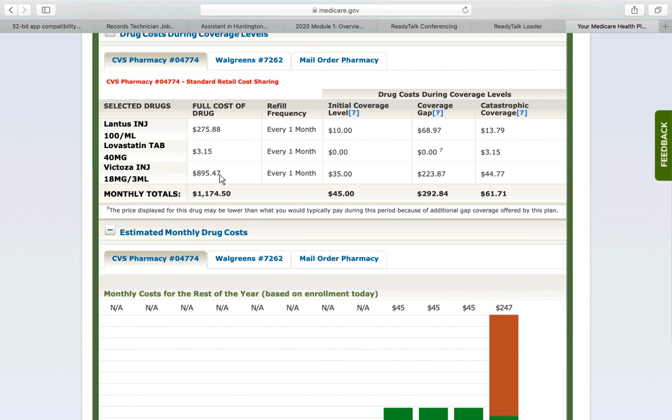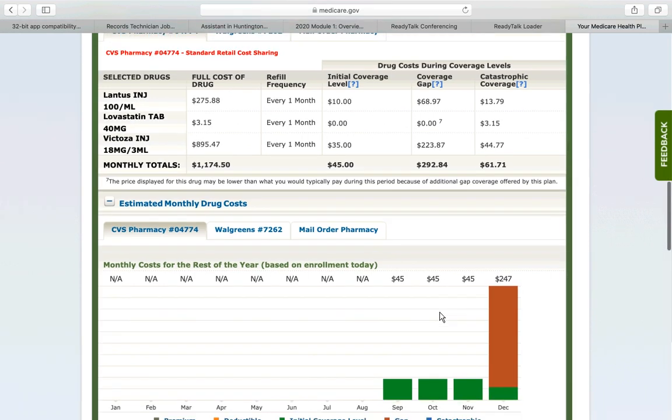The Victoza, look at the Victoza. The Victoza has a standard retail cost of just under $900 for a 30-day supply. When we add up the entire totals, we're looking at $1,175 every month that's going to come off of their allowance. So it's going to take them just over 3 months to exhaust their allowance. What happens now is that they go into the donut hole or the gap. That's why they're in the red here.